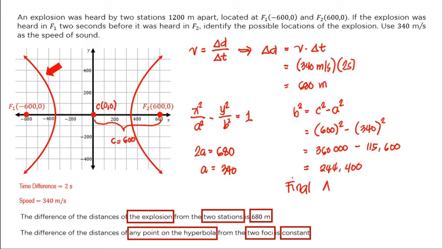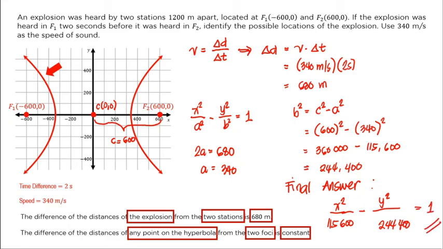Okay, so the final answer will be, just substitute the value of a and b to the equation. So that will be x squared over a squared, 340 squared, that is 115,600, okay, minus y squared over b squared, which is 244,400, equal to 1.